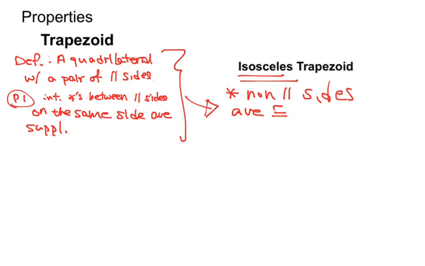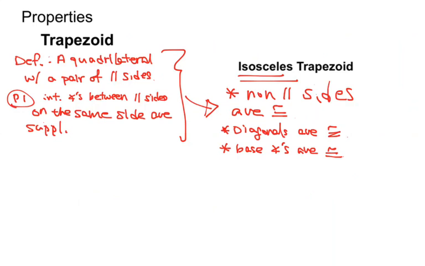And then diagonals are congruent. That's another property which we just realized. And lastly, base angles are congruent. So these are some properties that we should know about the trapezoid, and also the isosceles trapezoid.